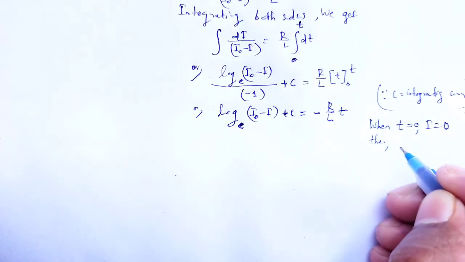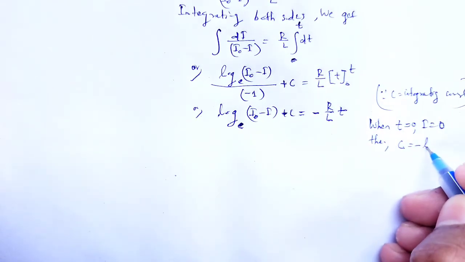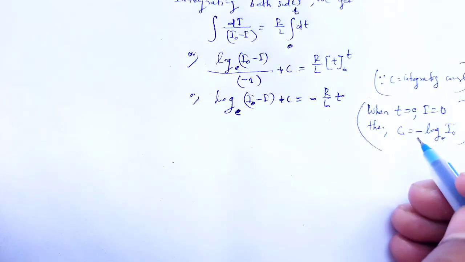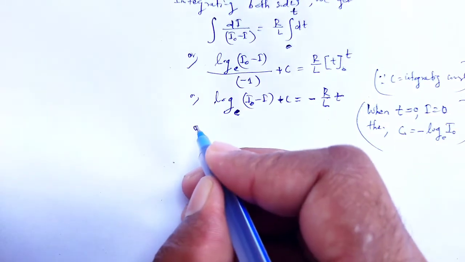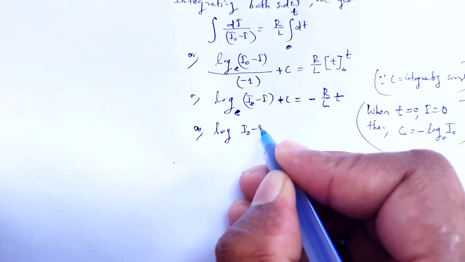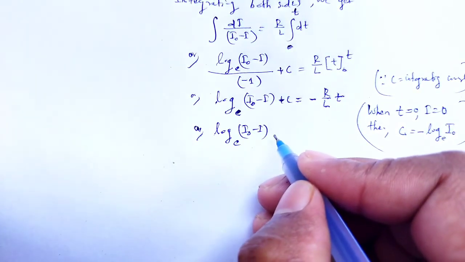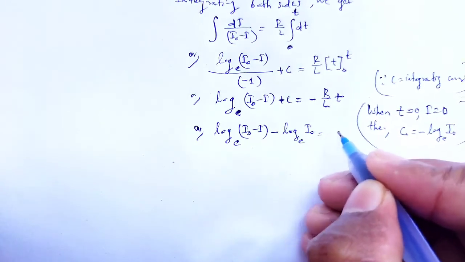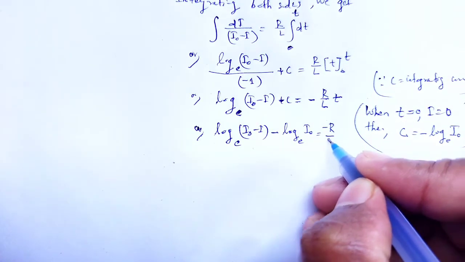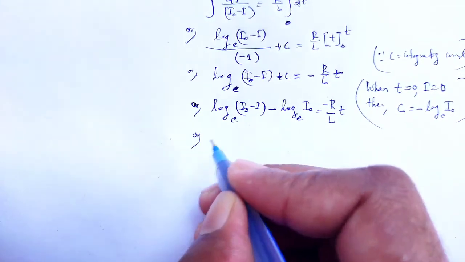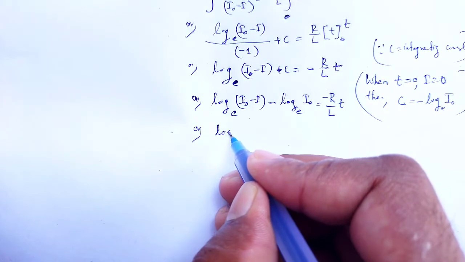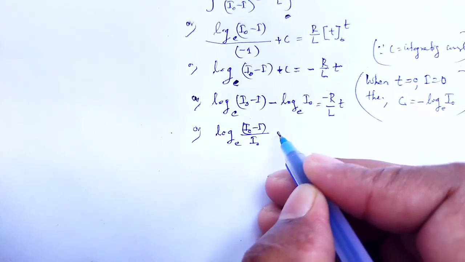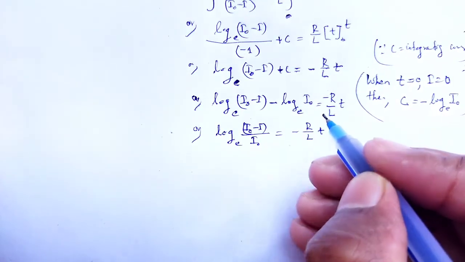Then the integrating constant C will be minus log I naught base E. By putting this boundary condition, C is evaluated, therefore log I naught minus I base E minus log I naught base E is equal to minus R by L into t, or log A minus log B is log A by B, so log of I naught minus I divided by I naught base E is equal to minus R by L into t.